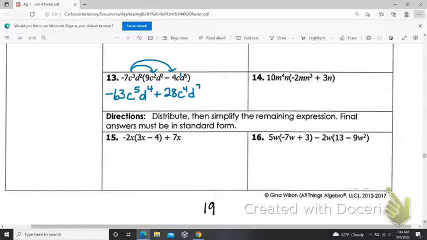So again, just in case you're still not catching what I'm saying, I'm doing -7 times 9, then c to the 3 plus 2, d to the 2 plus 2. Then I'm moving on, -7 times -4, new term.